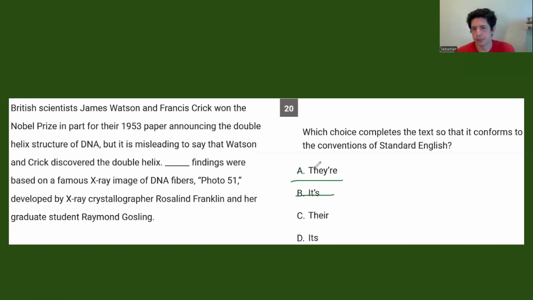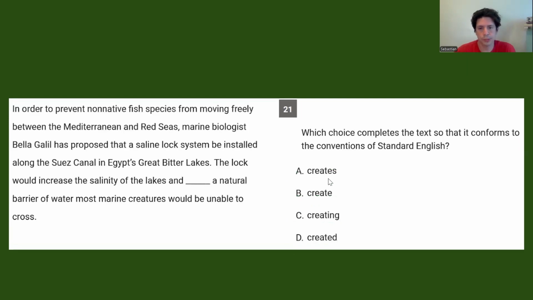A key to know whether it's possessive or not is that possessive pronouns never have apostrophes. Okay, and then is it singular or plural? It is plural because there's two people, so it is there. Okay, great. We are just cruising along. And let's go to question 21.